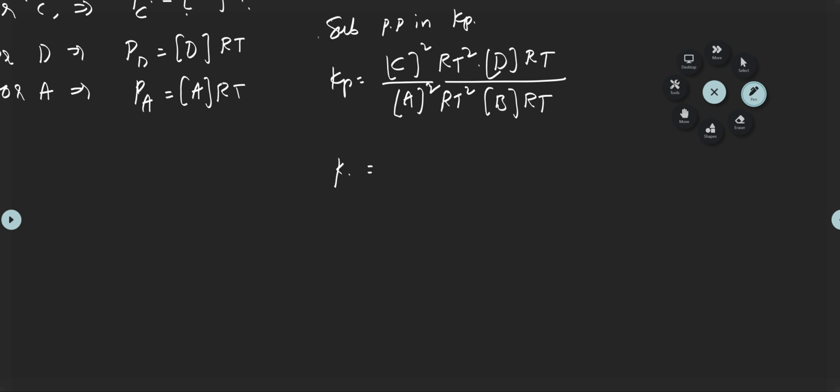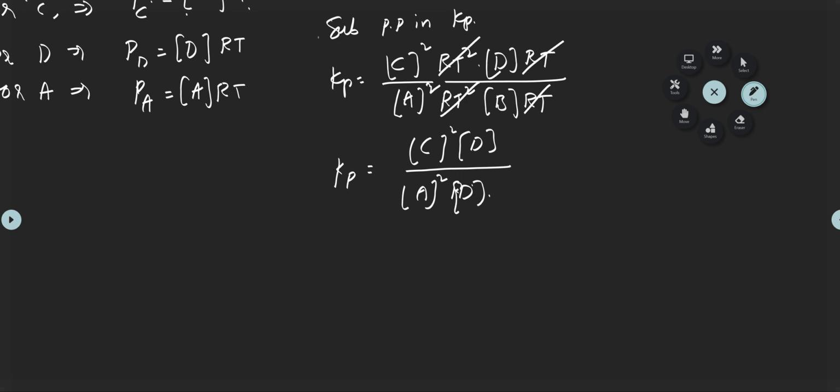Kp is equal to C concentration square into D concentration by A concentration square into B concentration, with RT square on top and RT square on the bottom, RT cancelled. All RTs will be cancelled.